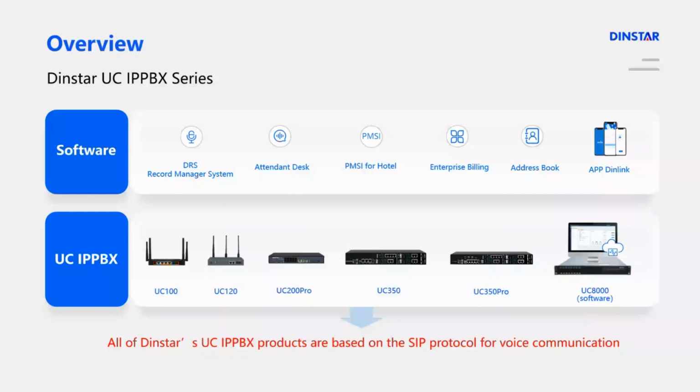These tools turn a basic phone system into a unified communication hub. And the DINSTAR UC series isn't just a set of devices. It's a scalable, software-powered platform built for businesses of all sizes, from small to global enterprises. Then let's check the details.